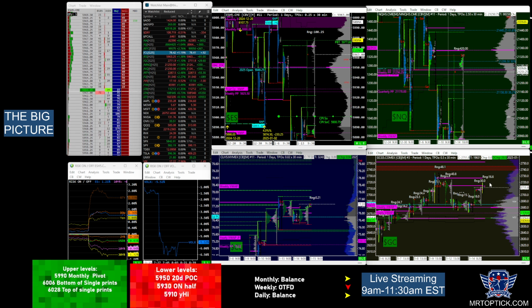And gold just moved up on this CPI report also, but the point of control is still here, so we have a nice distribution that's forming here. So on a move down, 26.80 is the target.